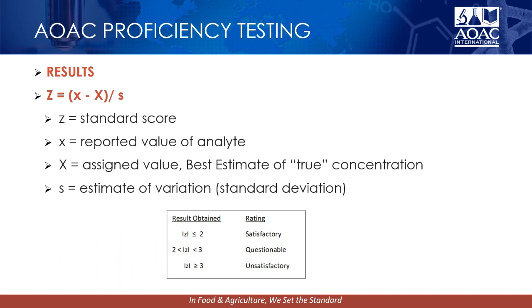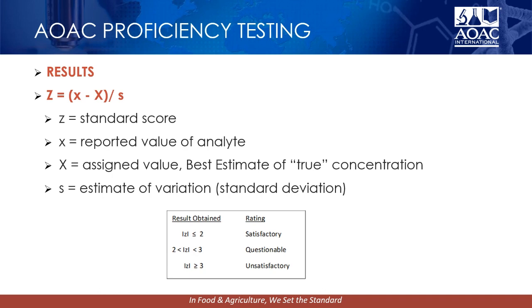In the table below, you can see what a z-score represents. A z-score less than 2 is satisfactory. A z-score between 2 and 3 is questionable. And a z-score greater than 3 is unsatisfactory.